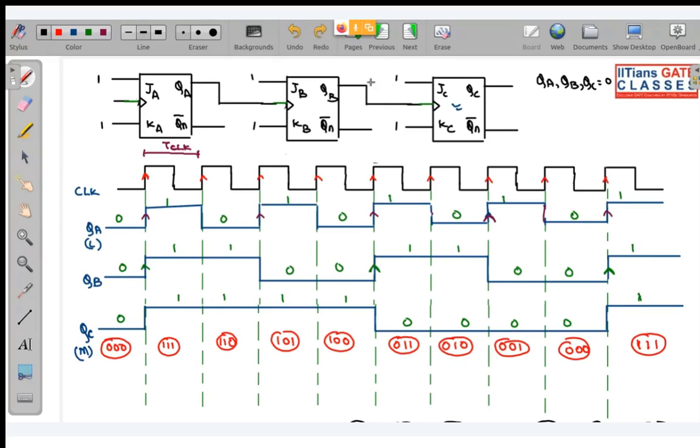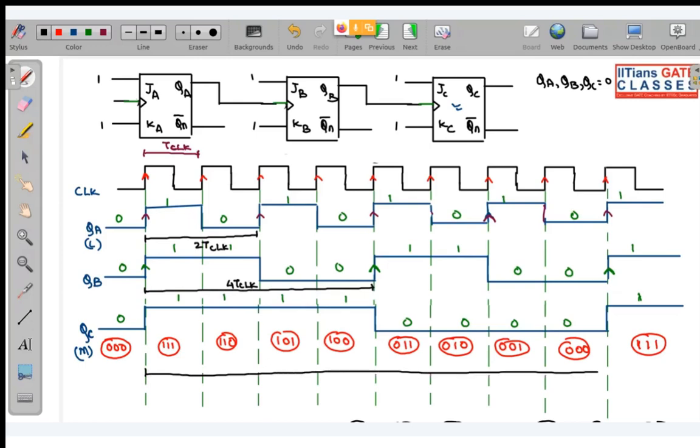Okay, fine. So now you can see the clock pulse has time period TCLK. QA has time period 2 TCLK. QB has 4 TCLK, and QC has time period 8 TCLK.